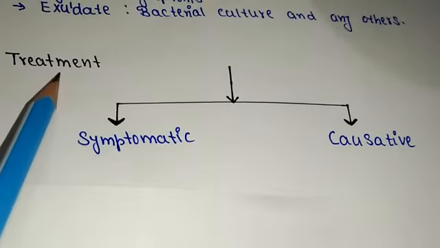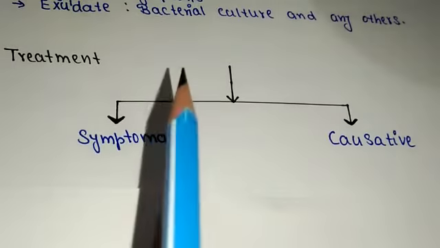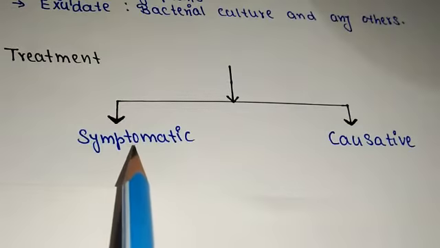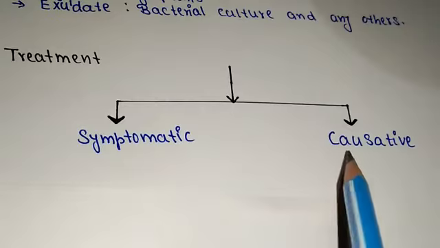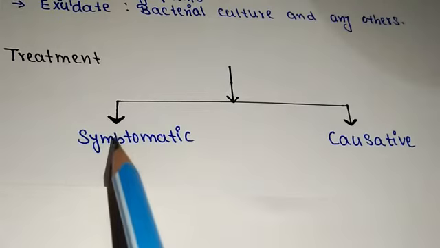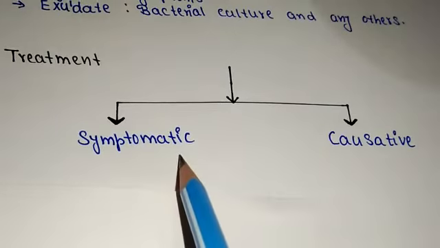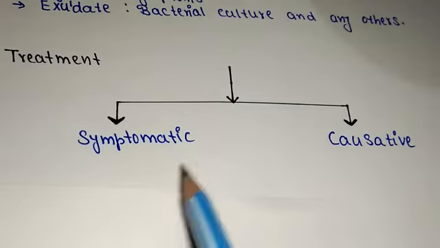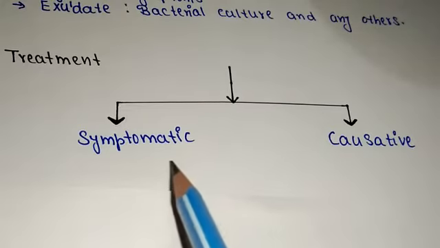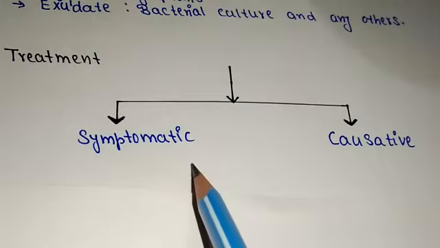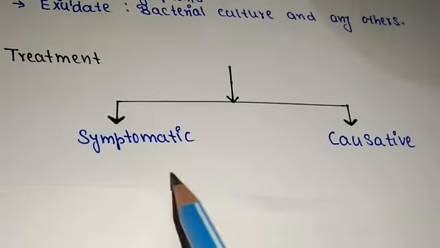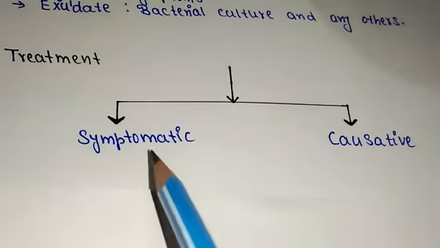Here is the treatment of tonsillitis. We can treat the patient in two forms. First is symptomatic and second is causative treatment. First, in symptomatic treatment, related to fever and body pain, NSAIDs should be given in this condition of tonsillitis.